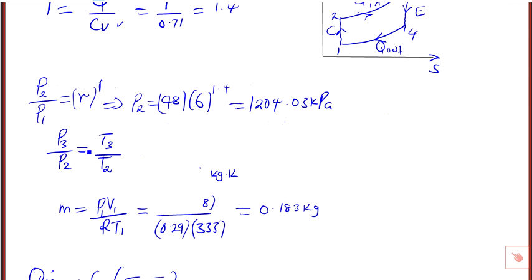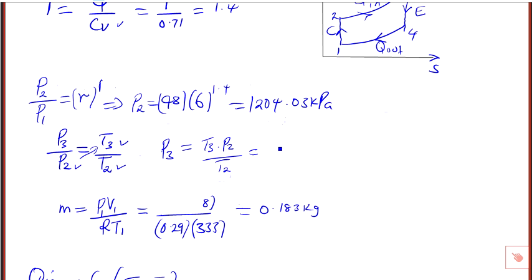Since we have P2, we have T2, and we have T3, the peak temperature we found, all those values we are going to use in order to get the value of P3. So you multiply T3 times P2 divided by T2.